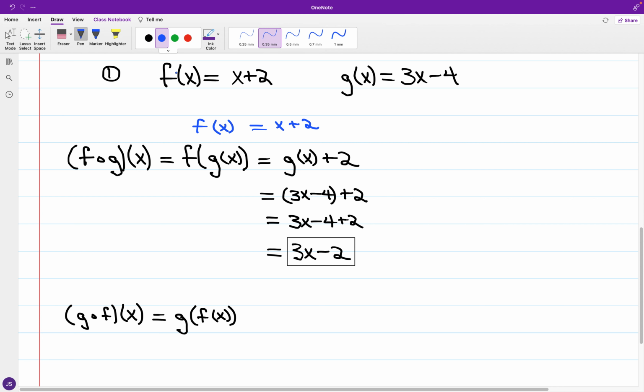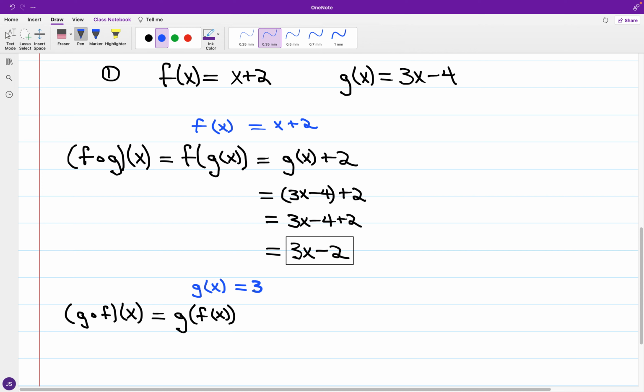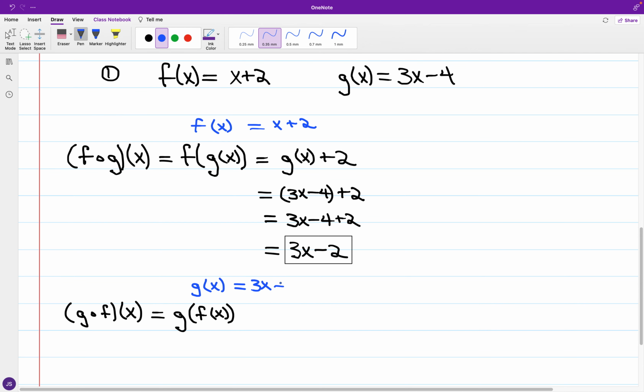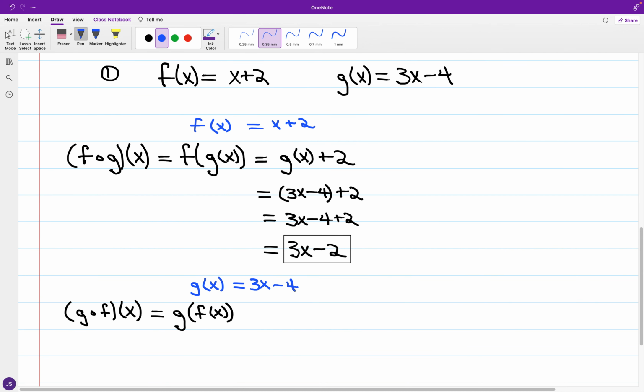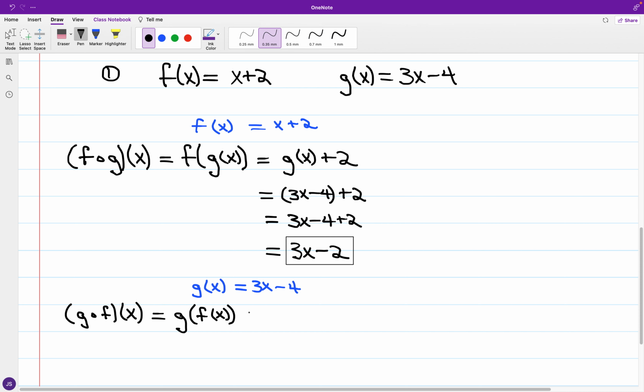Again, just a backdrop here: g of the input is equal to 3 times the input minus 4. Again, duplicate, where the input is now f of x. So we have 3 times f of x minus 4, and f of x is x plus 2.